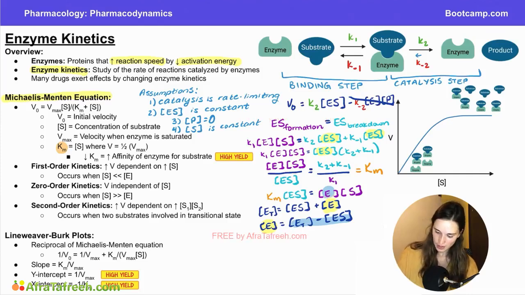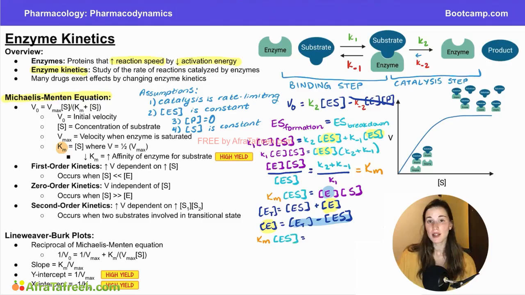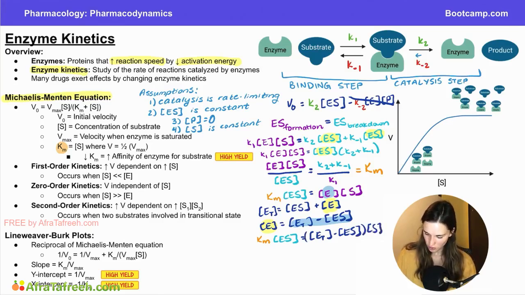That'll get me that Km times the enzyme-substrate complex concentration is equal to the total enzyme concentration minus the enzyme-substrate concentration, all of this multiplied by the substrate concentration.